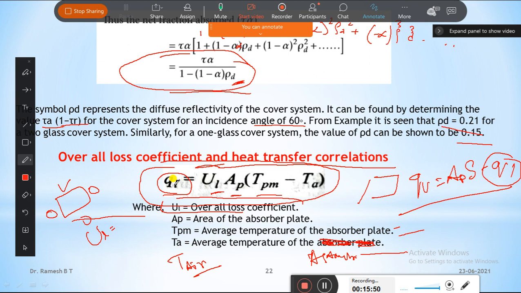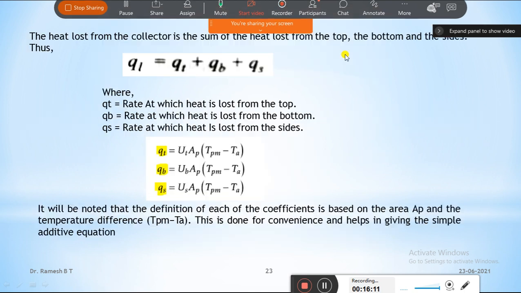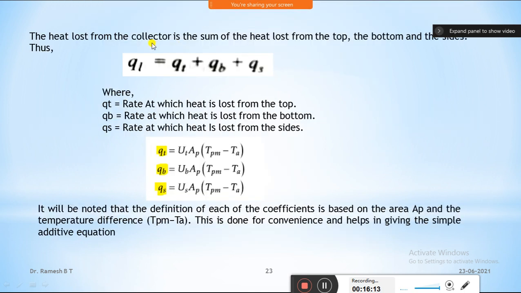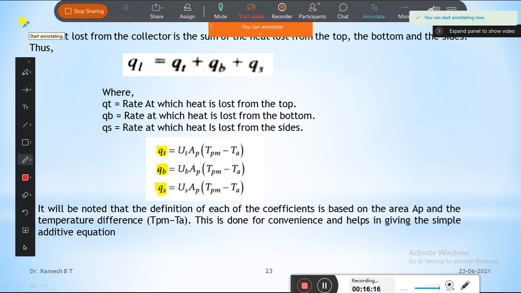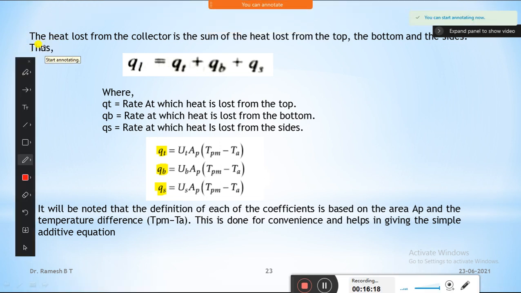UL means overall loss coefficient, Ap is the absorber area, as we already knew from the energy balance equation, Tpm is the average temperature of the absorber plate, and Ta is the ambient or atmospheric air temperature. Next is the heat loss from the collector.